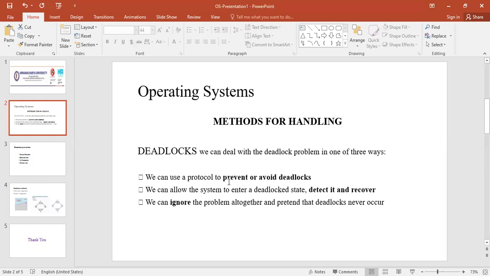These methods prevent deadlocks by constraining how requests for resources can be made. Deadlock avoidance requires that the operating system be given in advance additional information concerning which resources the process will request and use during its lifetime.